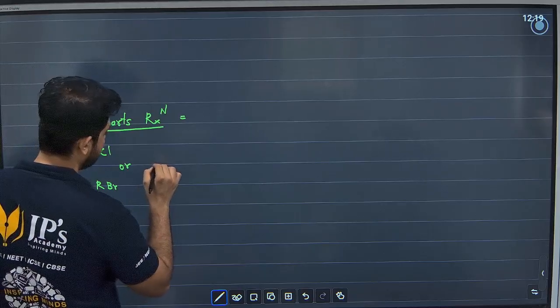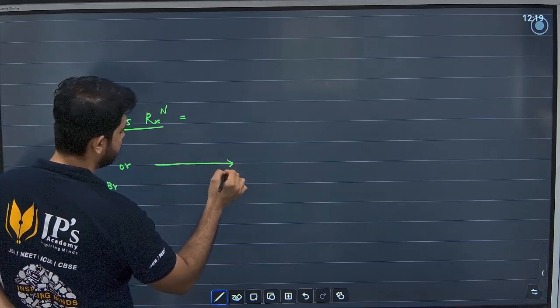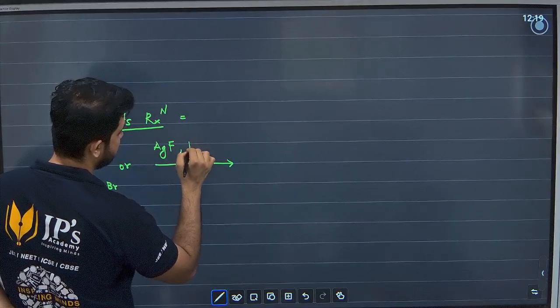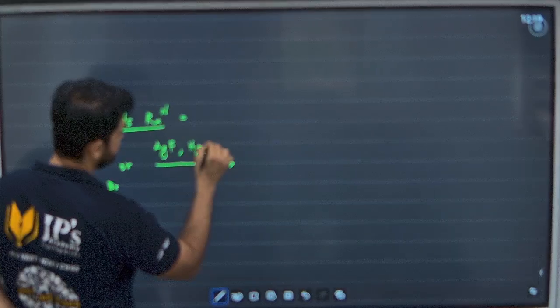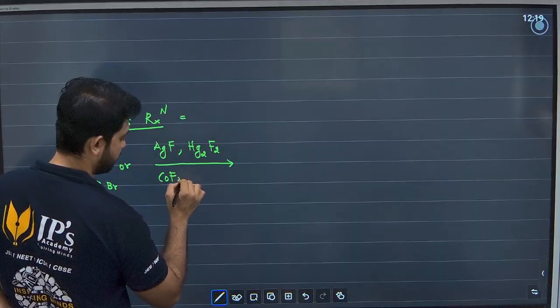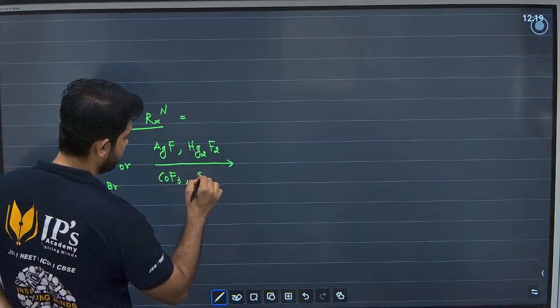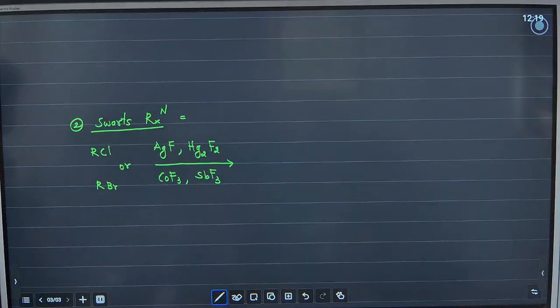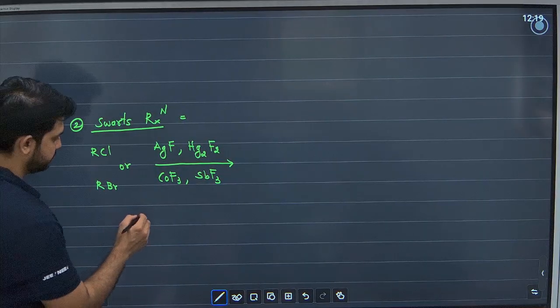Correct. कौन कौन से फ्लोरिनेटिंग एजेंट्स we had written? We had written AgF, Hg2F2, CoF3 and SbF3. These are fluorinating agents that we can use.